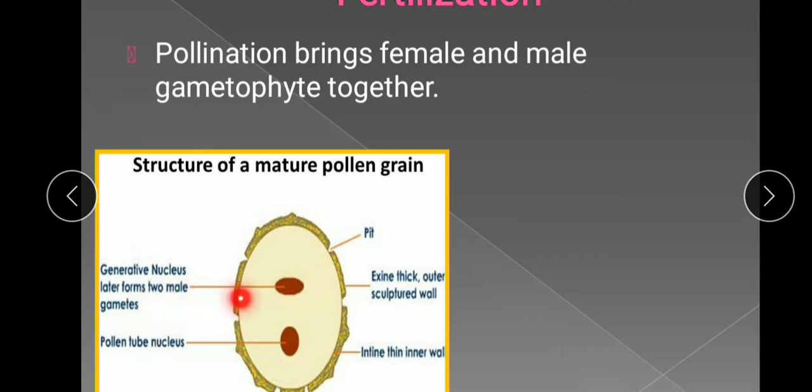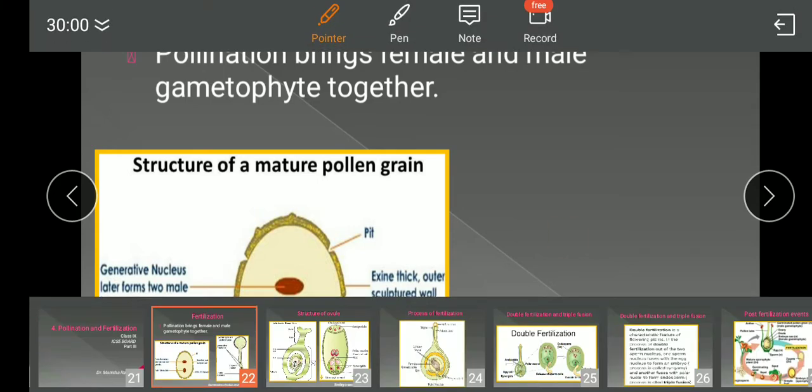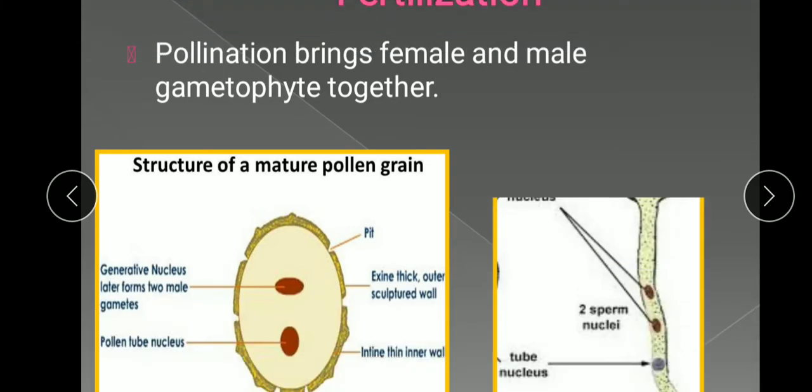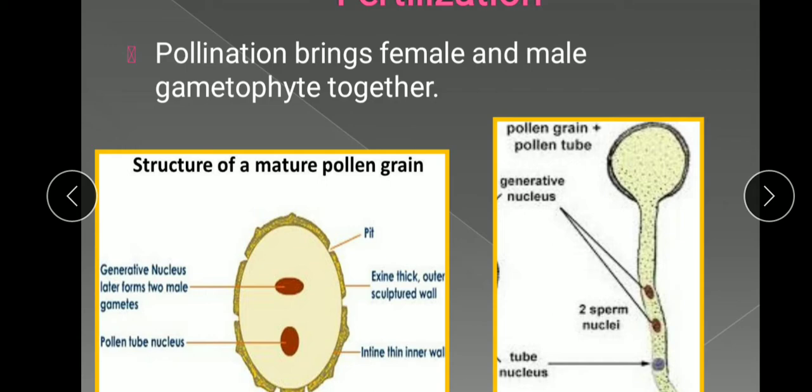We will call them the sperm also. The pollen tube nucleus does not take part in the fusion or any other part; it degenerates. When this pollen grain reaches the stigma, it develops the pollen tube.